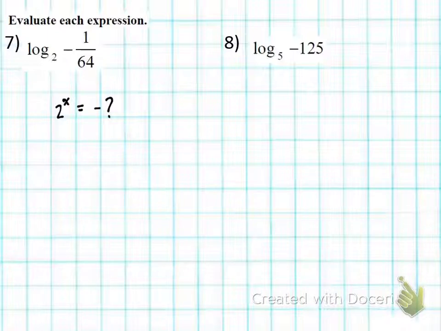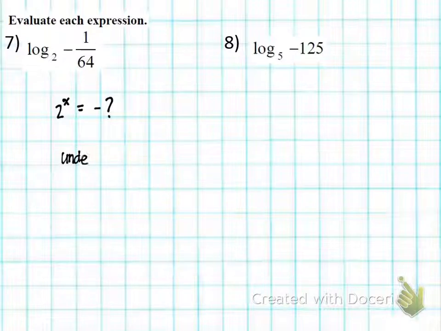No, let's go negative. 2 to the negative first is 1/2. 2 to the negative second? 1/4. 2 to the negative third? To the negative fourth? Is it ever going to be a negative number? No. So when it's asking for a negative solution, we can't. You just can't do it, right? So it's undefined is your answer. Okay?